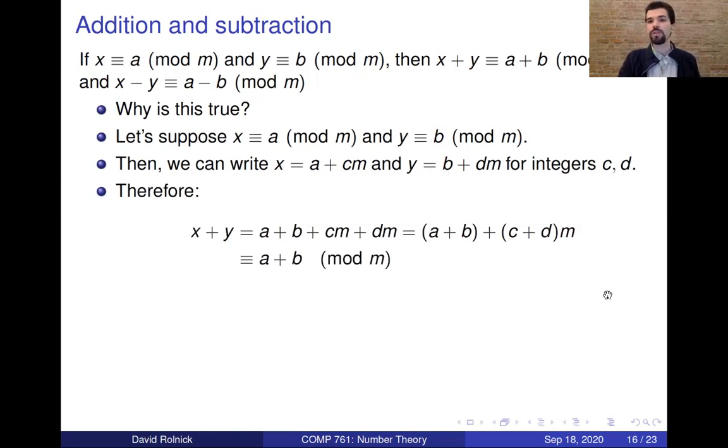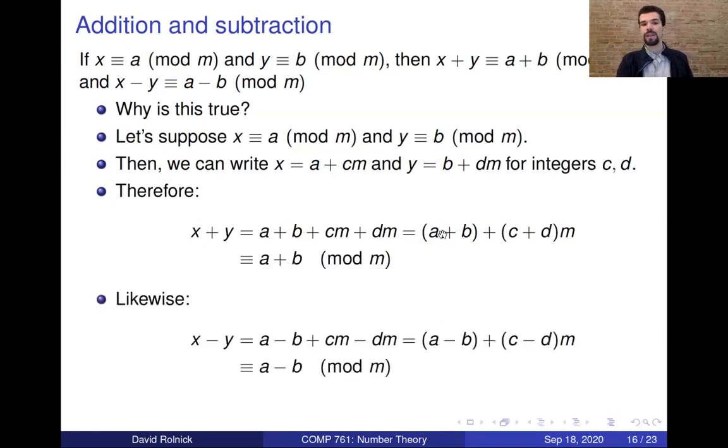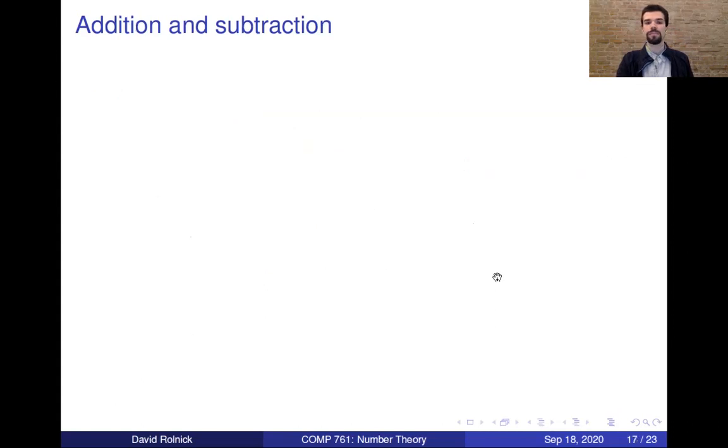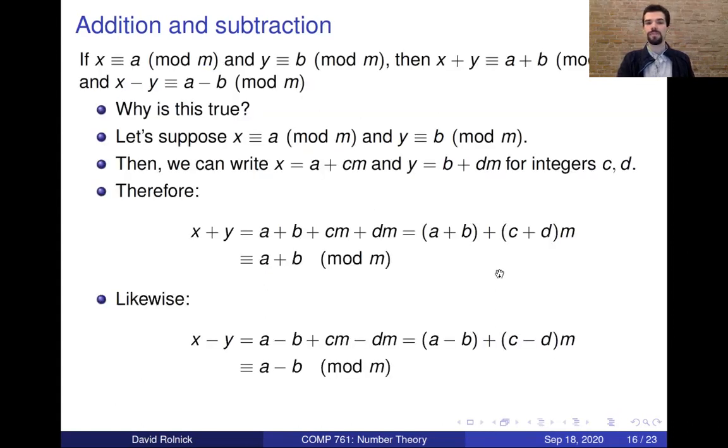And if you rearrange it, you can see the multiples of m go together, and you get a plus b plus some multiple of m. That means, by definition, that x plus y is congruent to a plus b modulo m. And likewise with the differences. x minus y equals a minus b plus some multiple of m, so it's congruent to a minus b mod m. Any questions so far?